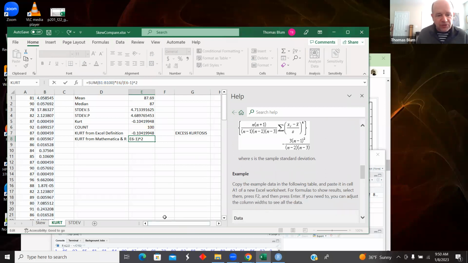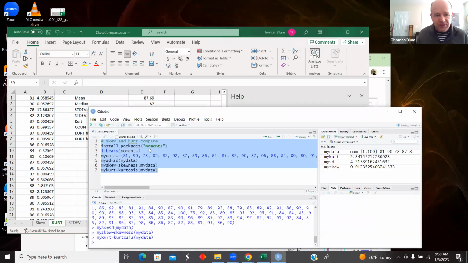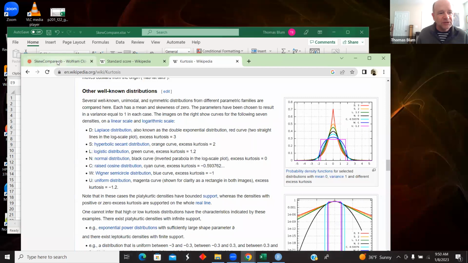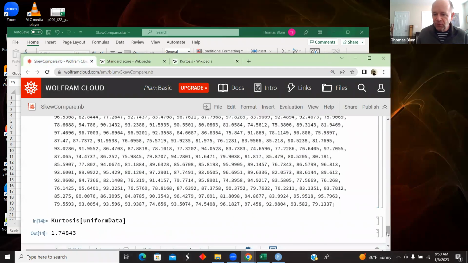So that is the definition that this moments library is using in R, and it is also what is being used in Wolfram.